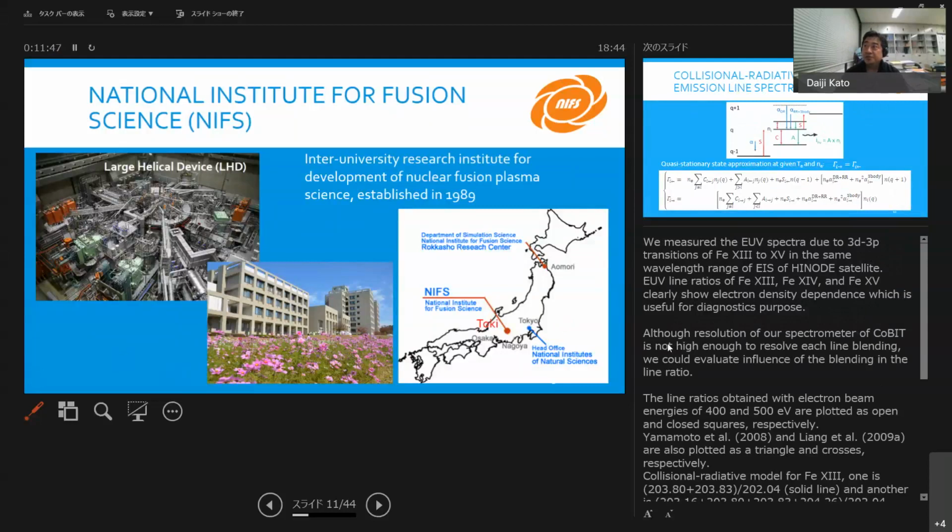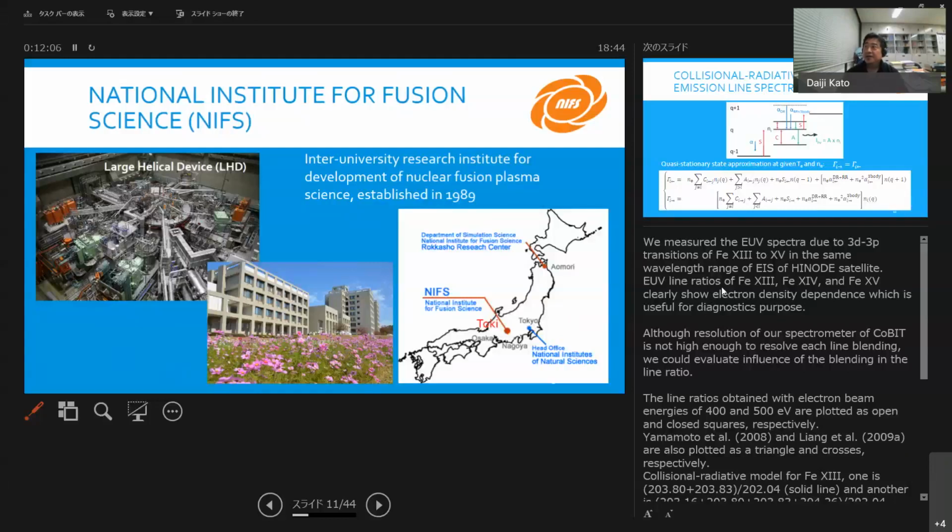So we measured the EUV spectra due to 3d-3p transitions of Fe 13, 14, and 15 in the same wavelength range as the EUV imaging spectrometer of the Hinode satellite.